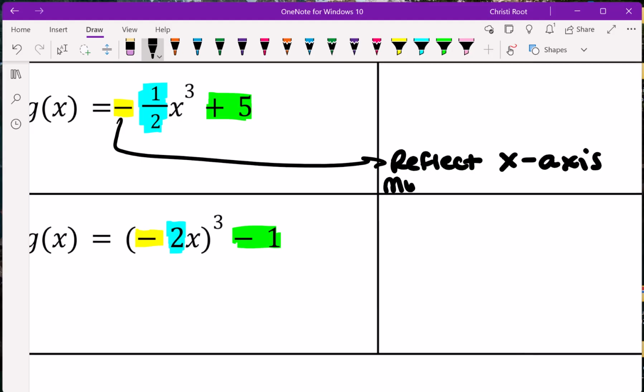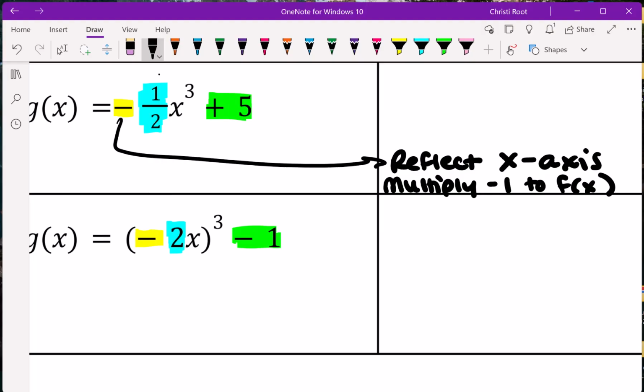Because I'm multiplying -1 to the function. I am not multiplying -1 to x. If I was multiplying to x, it would look like that. Remember, the x would be wrapped in parentheses, and whatever it is would be with the x in parentheses. There's no parentheses in this one.